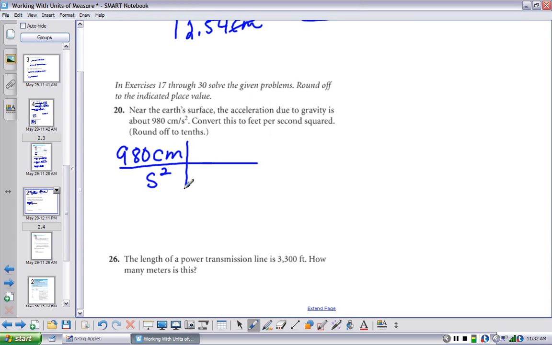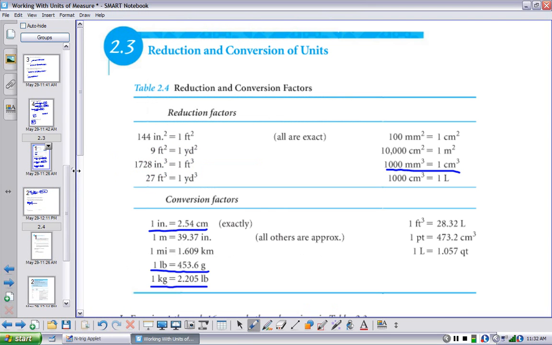So we already have the per second squared. We're not going to mess with that. But what we need to do is to go from centimeters to feet. And if we look at our chart, we see centimeters to inches, but not centimeters to feet. But if we get centimeters to inches, we could easily go from inches to feet.